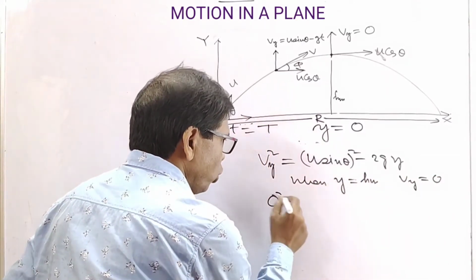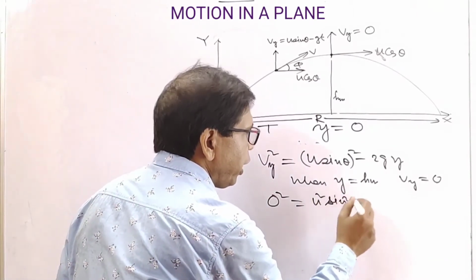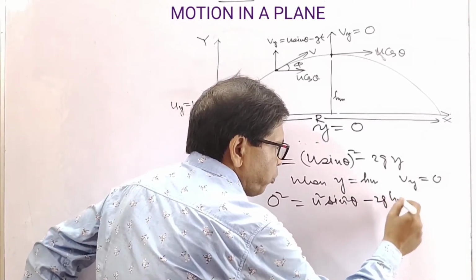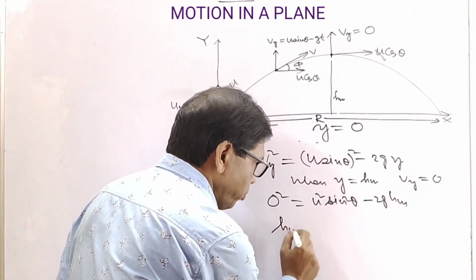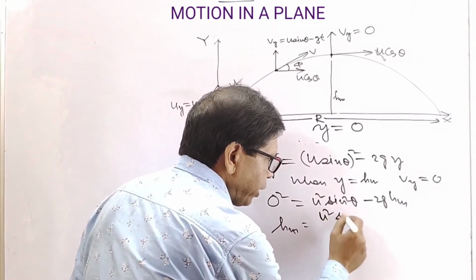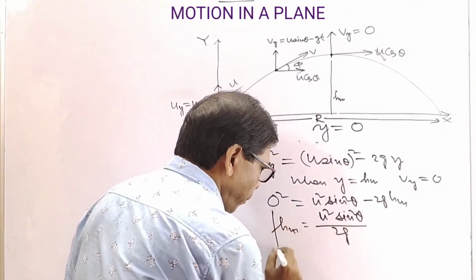So 0 square equals u square sin square theta minus 2g hm. So the maximum height hm is equal to u square sin square theta divided by 2g.